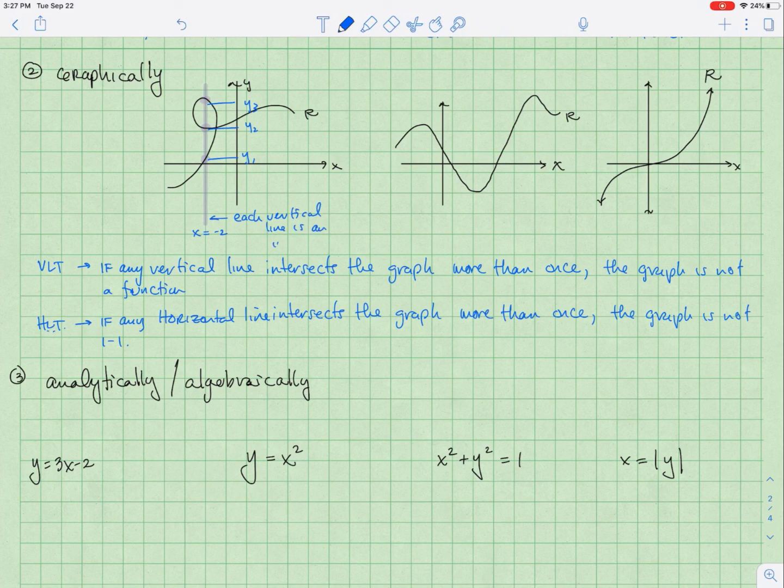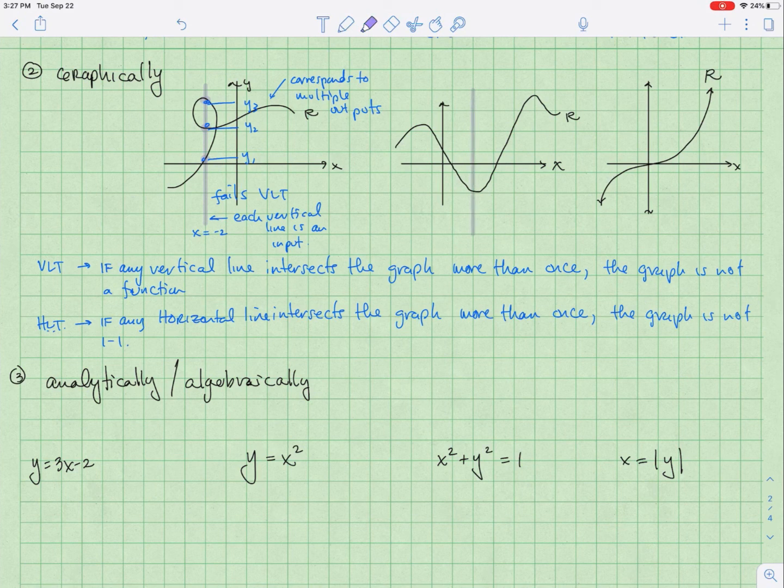And if it intersects the graph more than once, then it corresponds to multiple outputs. This fails the vertical line test.